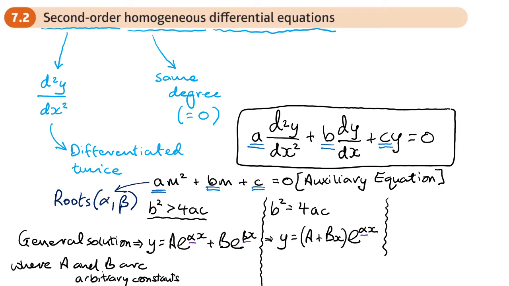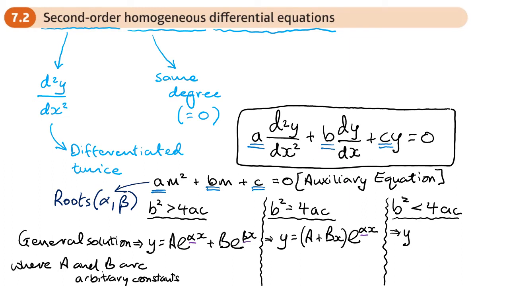Then the last type is when b squared is less than 4ac. You know from core 1 that means you have complex roots. I'll write down the general solution and then a note about alpha and beta being complex roots.